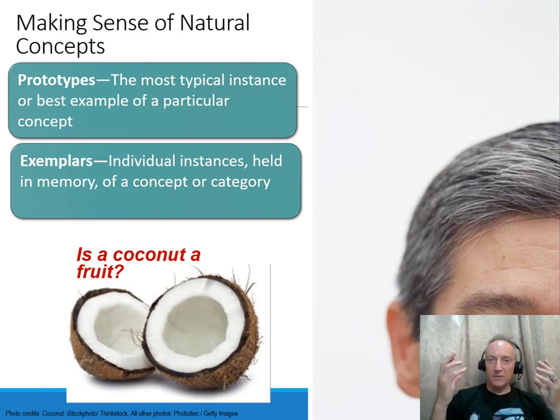We think of an example that represents a whole category of things that are quite variable, and we expect anything new we encounter to sort of match up to the prototype. And later in the semester, when we learn about social psychology, we're going to see we do the same thing with people, and that can result in a problem that we call stereotyping.